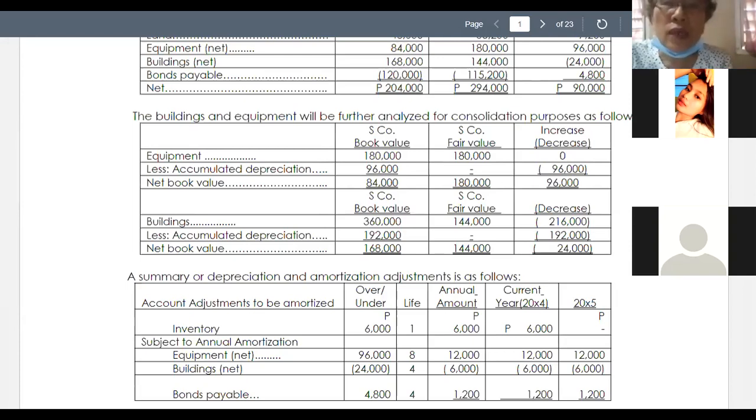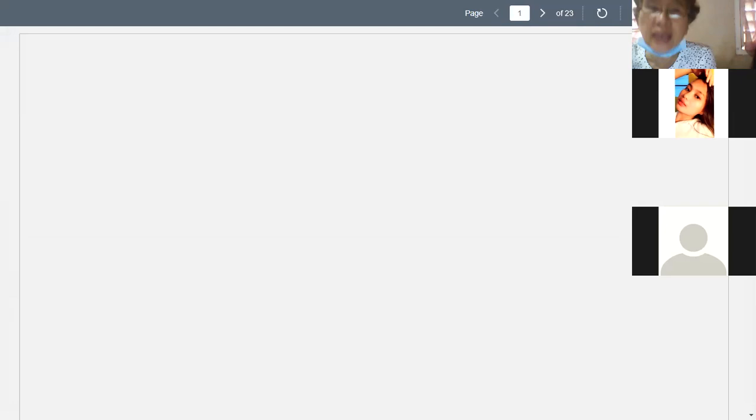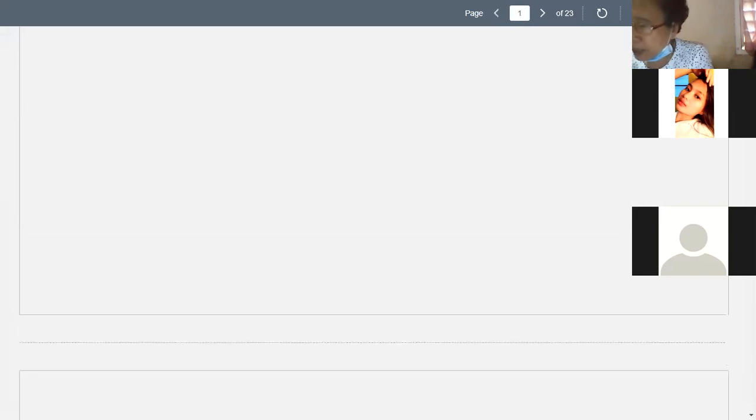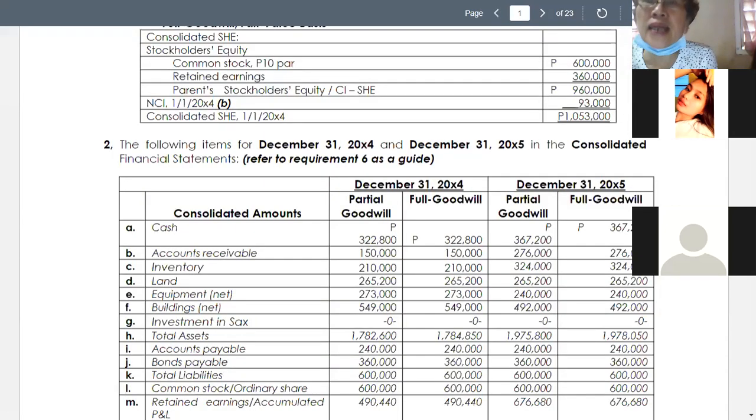So for the amount of the bonds payable amortization, I think this is the difference between the work of Dayag and the one that we discussed yesterday. Okay? So after that summary of depreciation and amortization, we now go to the canvas.